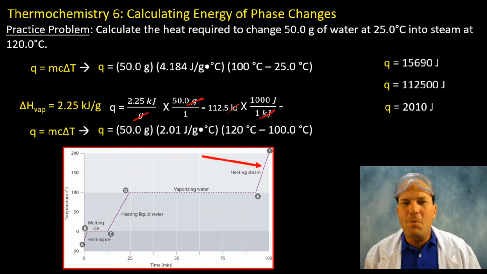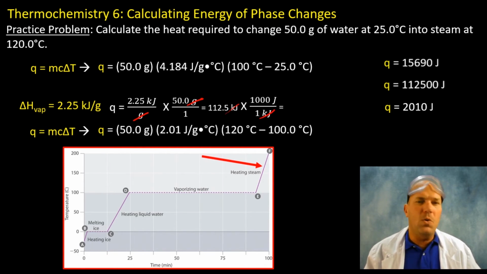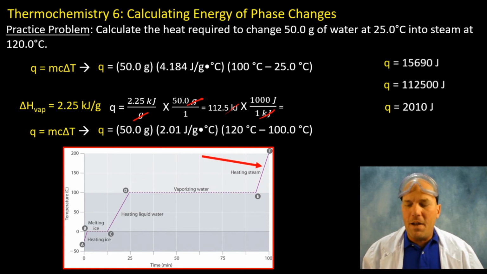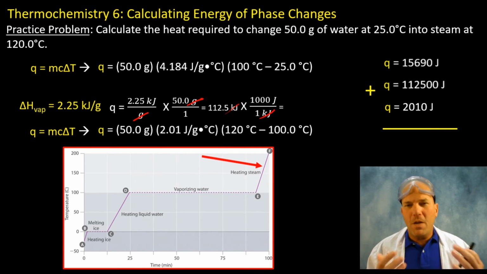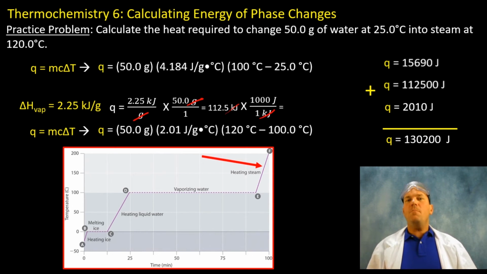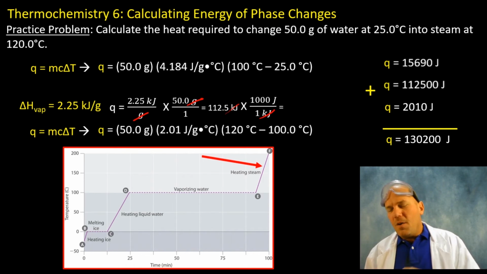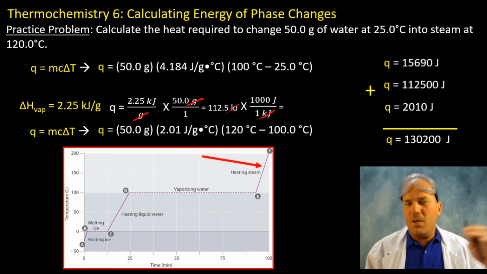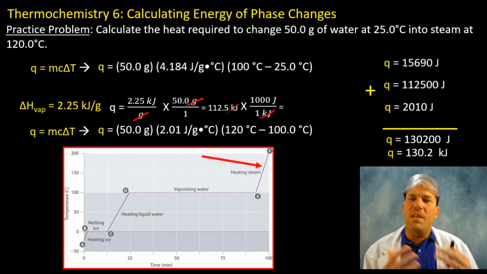And now guess what we're going to do to calculate the total heat required in this problem? We're going to add them up. When we add them up, we get a large number, 130,200 joules. Well, oftentimes we can convert that into kilojoules if needed.